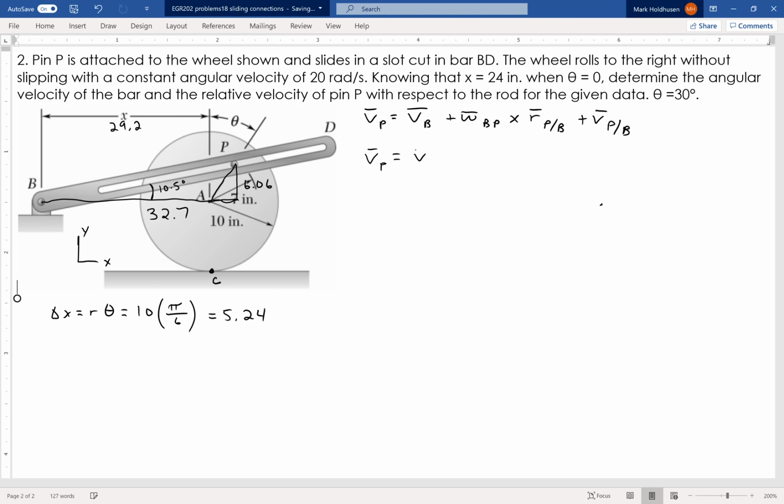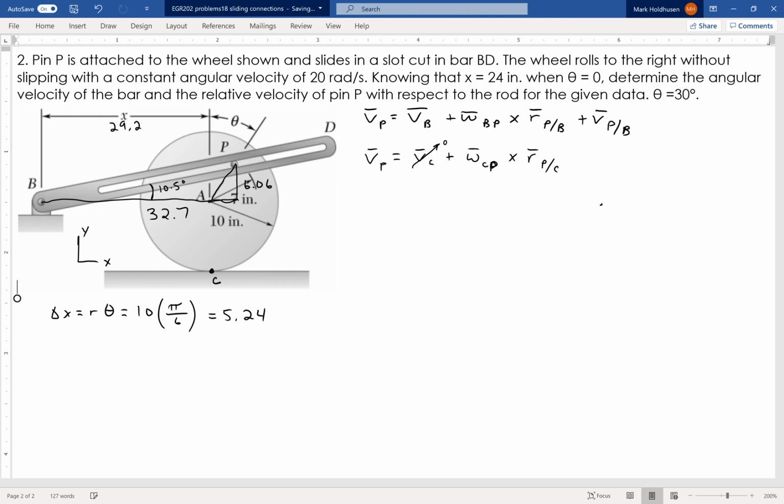So I'll say the velocity of C plus omega, and I'll call it omega CP. That's the omega, that's the 20 radians per second. And I'll cross that with the R of P relative to C, like that. Now, again, what I just talked about is the velocity of C goes to 0.